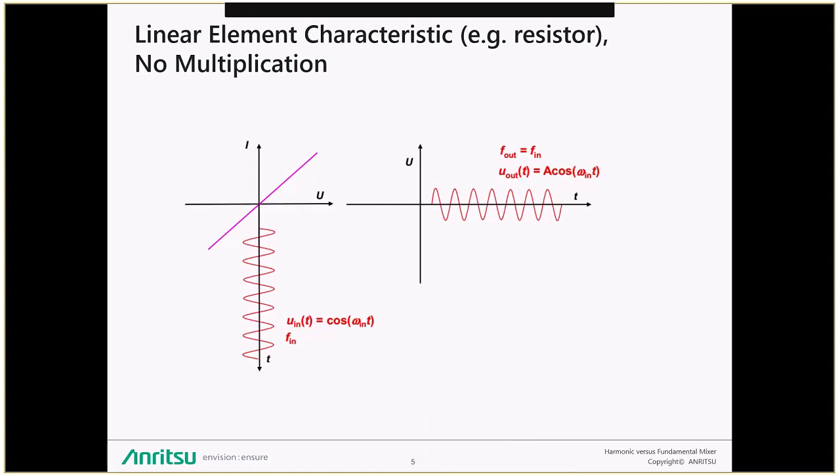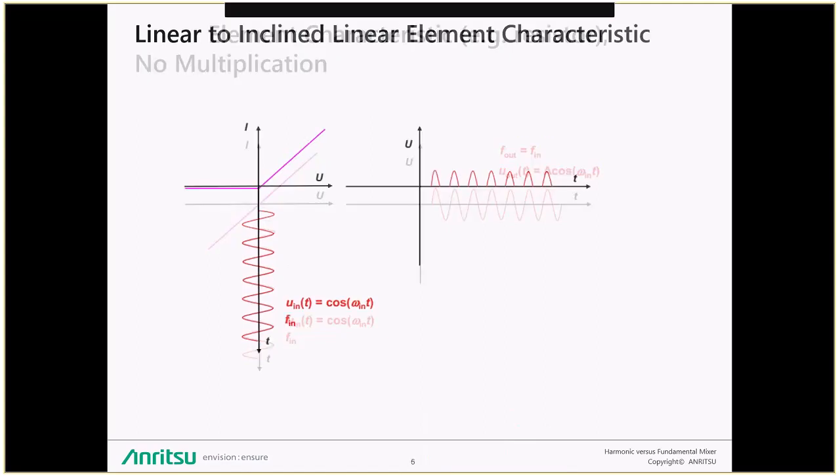What happens if this device is nonlinear or has a nonlinear transfer function? In this case, for example, this transfer function is completely theoretical. We have a linear behavior in the positive voltage of the signal. We have a very flat response that will cut off the signal in the negative part of the voltage.